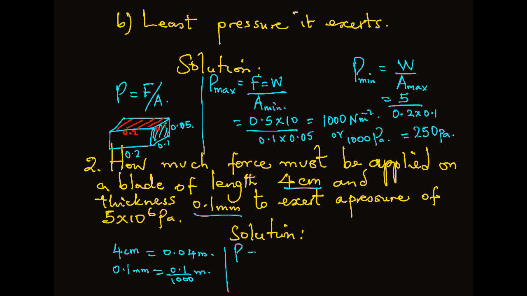Pressure is equal to force over area, meaning that force is equal to area times pressure. Area is 0.04 times 0.1 over 1000. We multiply by the pressure, which is 5 times 10 raised to power 6.